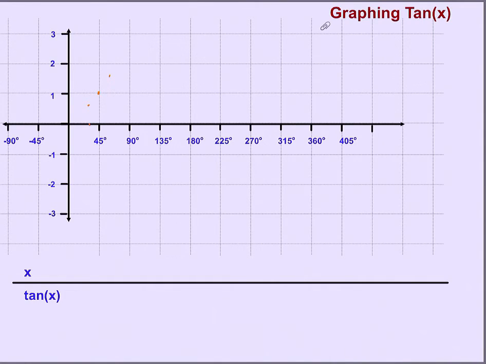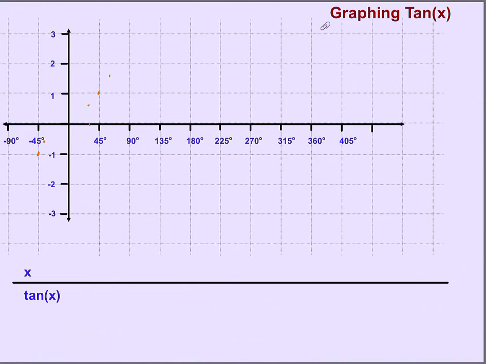We also know that in the fourth quadrant, tangent is negative. So if we think about the negative angles in the fourth quadrant, the tangent of them would be the negative version of the positive. So tangent of negative 45 degrees would be negative 1. Negative 30 degrees would be negative 0.5 or 6-ish.